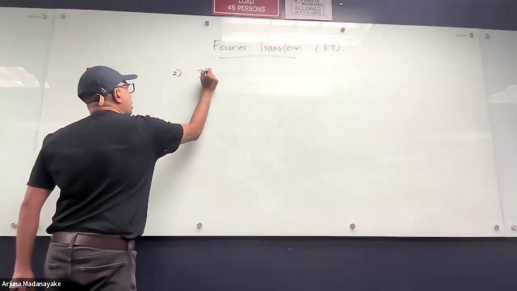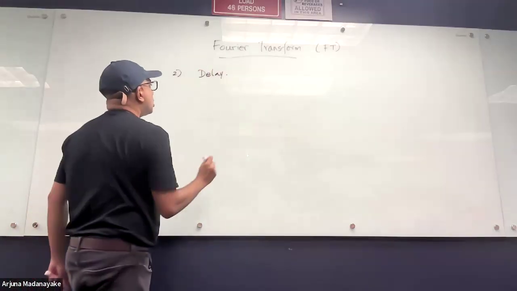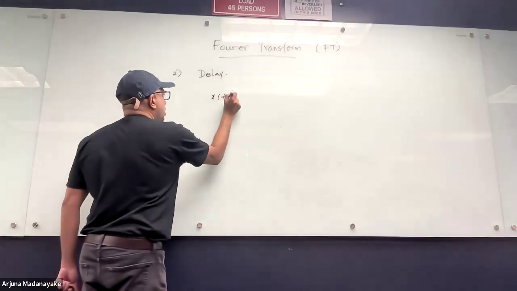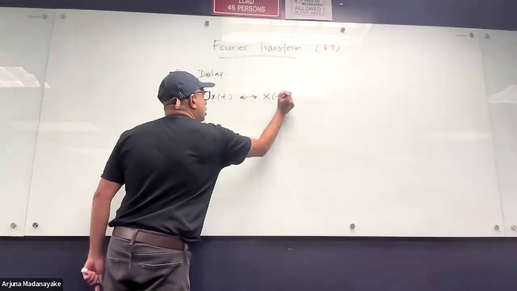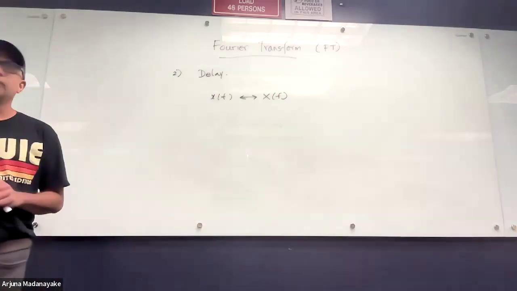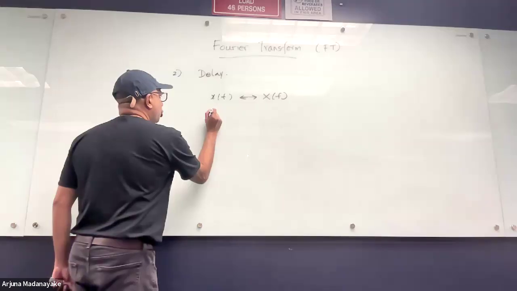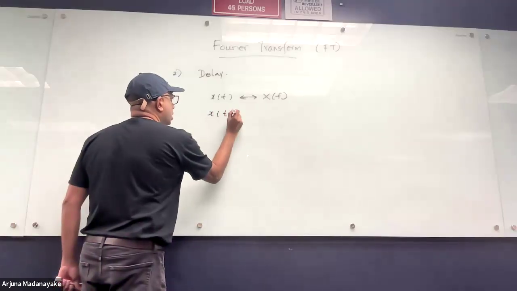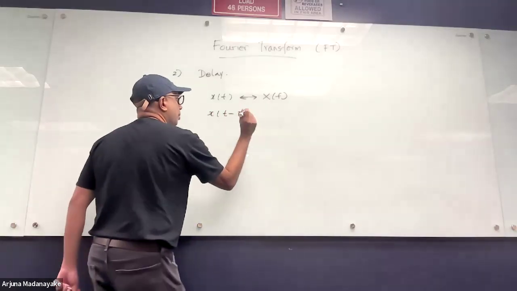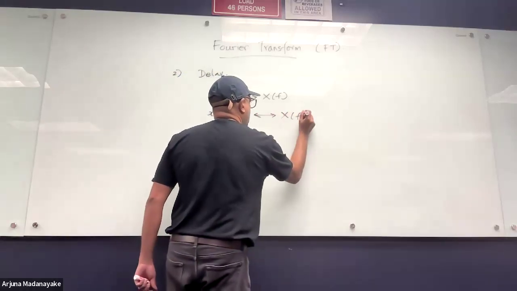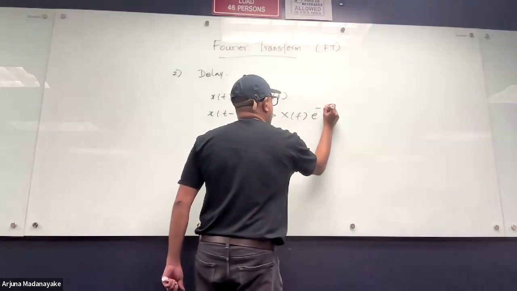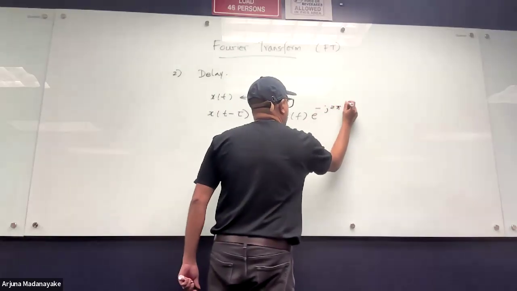To the delay property. If small x of t has a capital X of f Fourier transform, we can show that the Fourier transform of x of t minus tau is capital X of f e to the minus j 2 pi f tau.